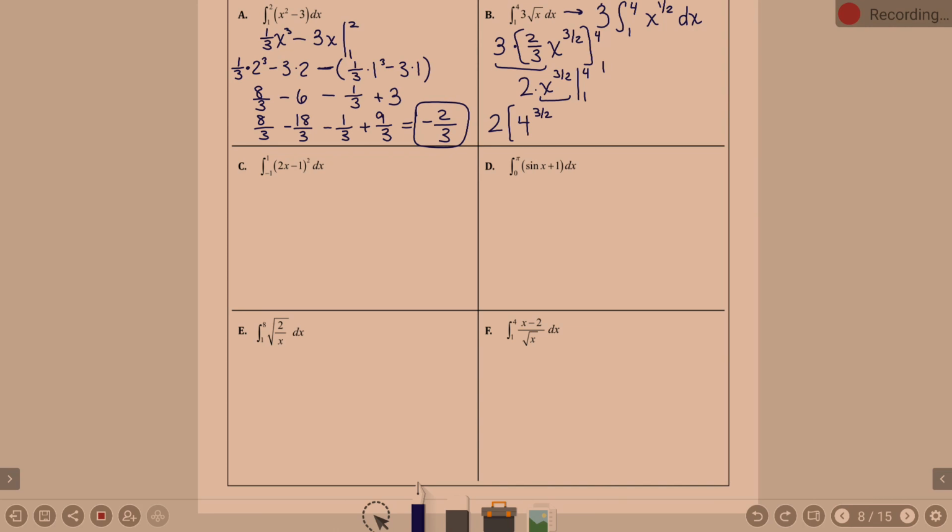So we're doing 4 to the 3 halves. That's putting in the upper piece. And then minus 1 to the 3 halves, without a calculator. Now, 4 to the 3 halves. The 2 in the denominator says square root. The 3 in the power says power.